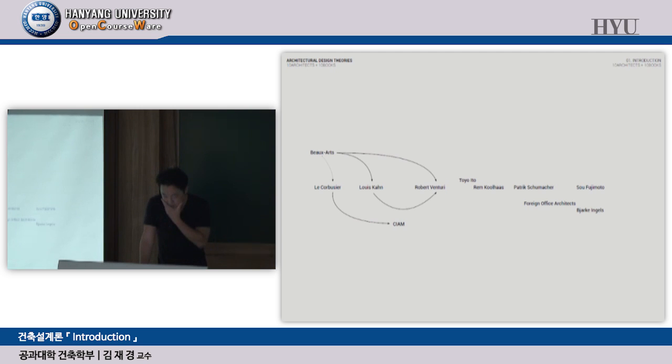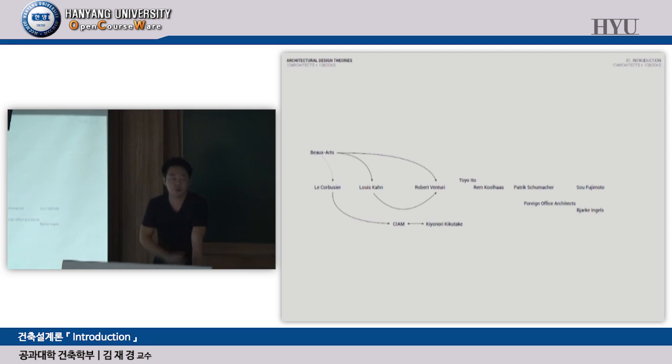In the late times of CIAM, they tried to have a more global perspective. So they invited some Japanese architects, such as Kenzo Tange and Kiyonori Kikutake, who had a very strong idea of their own about architecture, which is metabolism.